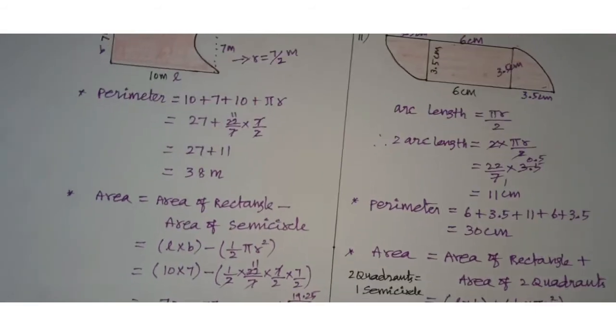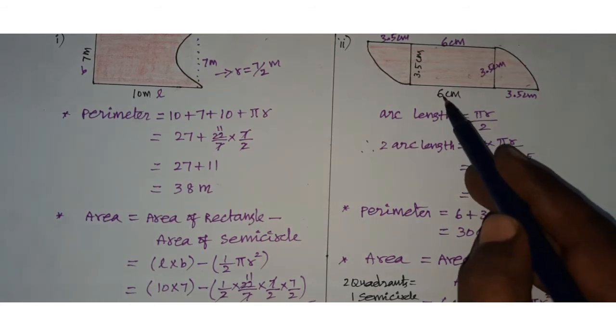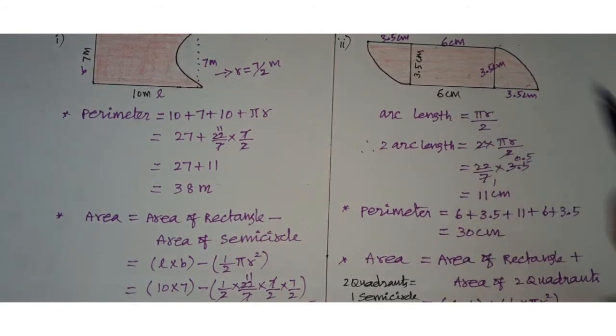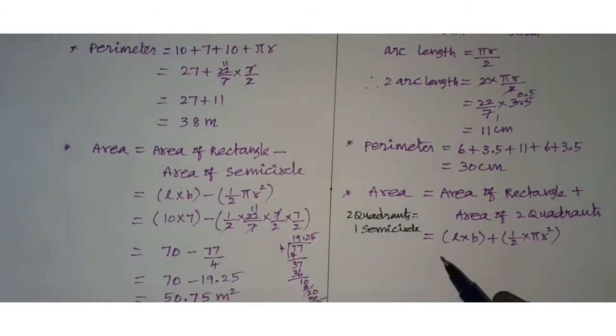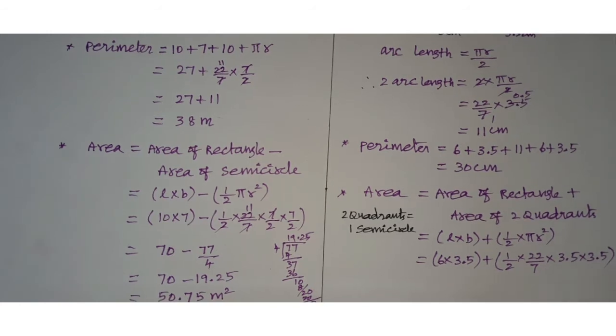Now length equal to what? See the diagram, 6. In the rectangle, length 6, breadth 3.5. So here substitute that value. 6 into 3.5 plus here 1 by 2 into 22 by 7 into r square, radius 3.5. Okay. So now multiply 3.5 into 6.